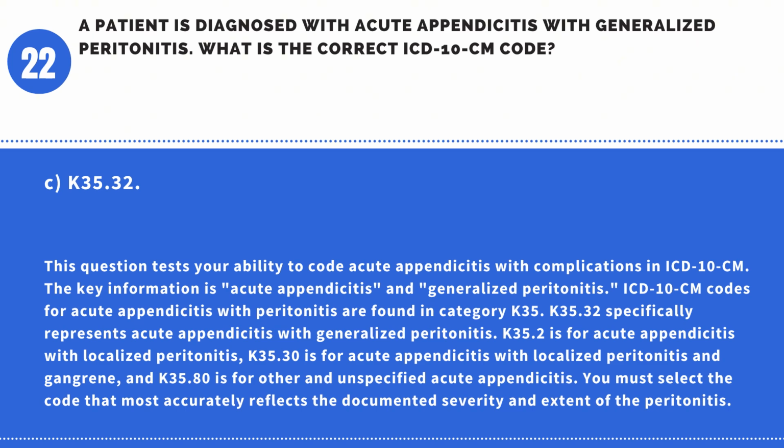K35.2 is for acute appendicitis with localized peritonitis. K35.30 is for acute appendicitis with localized peritonitis and gangrene, and K35.80 is for other and unspecified acute appendicitis. You must select the code that most accurately reflects the documented severity and extent of the peritonitis.